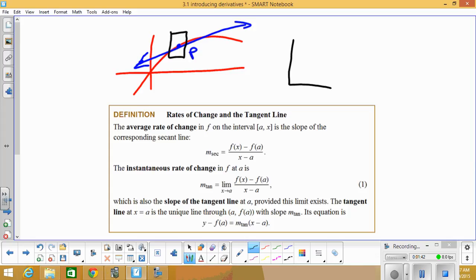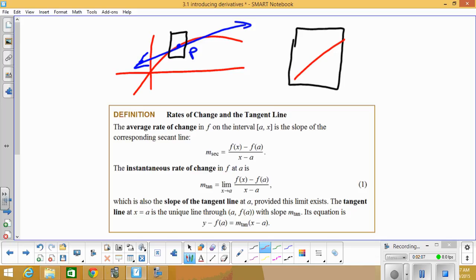Just in this box, if I want to see this tangent at this point, it's getting a little smoother, it flattens out. We call this linearization, the local linearity of this point. So this P, as we zoom in, gets straighter and straighter, or in a sense, is the tangent line at that point.